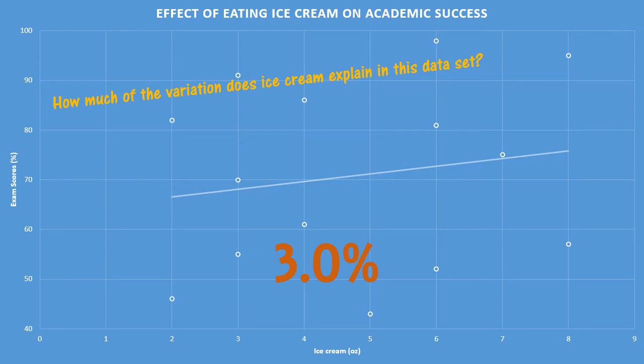Now you have to think for a minute as to whether or not that 3% is real. It could just be a statistical anomaly, since our sample size was only 14 students. So could we generalize to say that in the population, it can be expected that 3% of the variation is explained by ice cream intake?